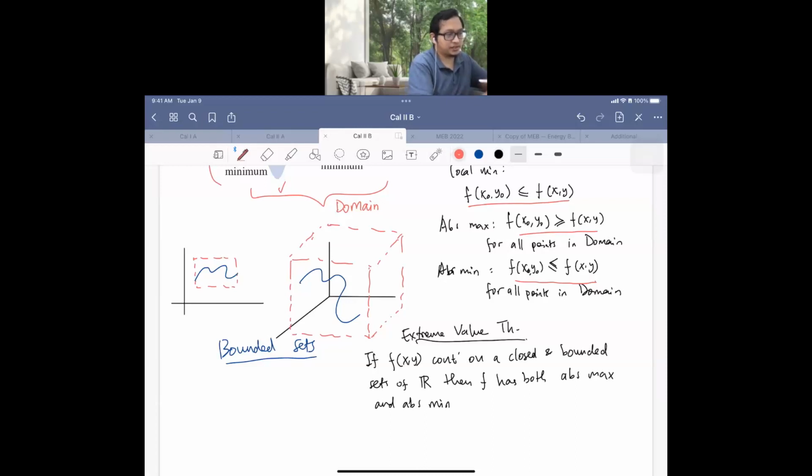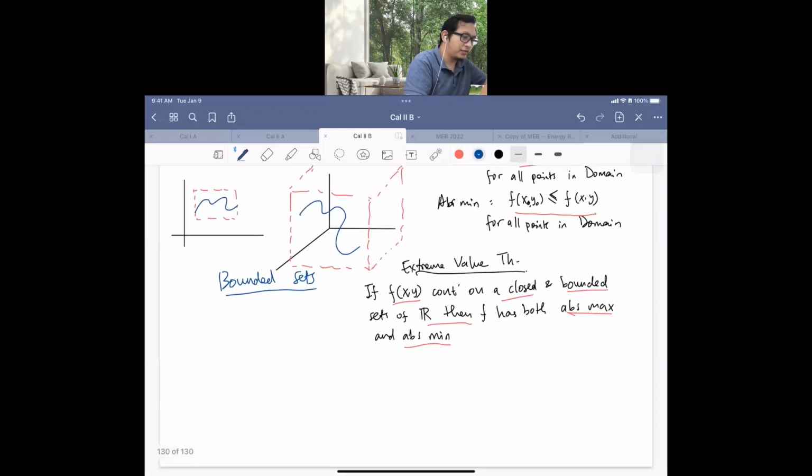I'm not sure if you can imagine this, but any working function you can think of will have at least a maximum and minimum, the absolute maximum and absolute minimum. If not, I think it's not a function, right?